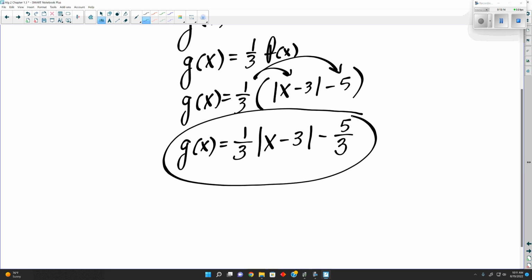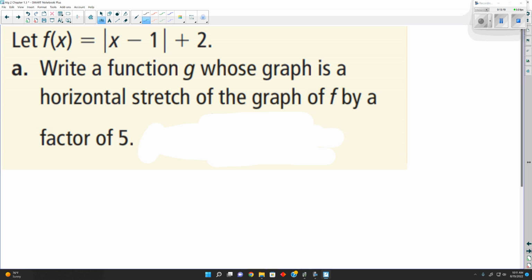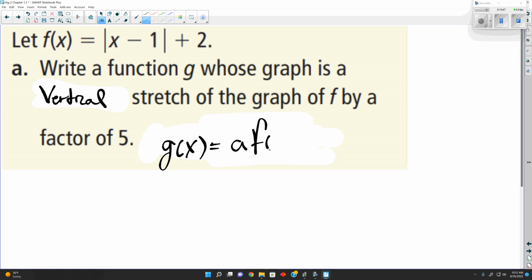Any other questions? Are we good? I think this also says vertical, doesn't it? Let's do that. Vertical. So this time we want to write a function g of x whose graph is a vertical stretch of the graph of f of x by a factor of 5.